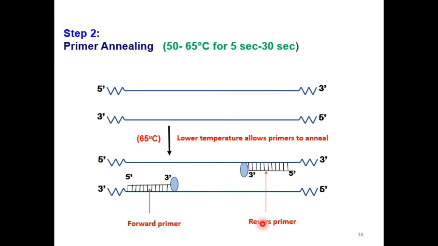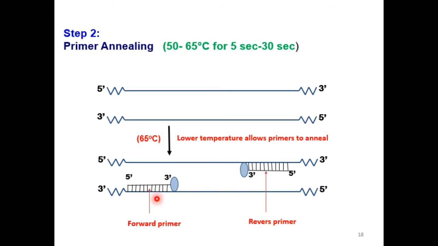And we have the reverse primer, which will stick or anneal to the other strand at the end of the sequence that we want to amplify. So the forward will stick at the beginning of the sequence and the reverse will stick at the end of the sequence on the other strand.